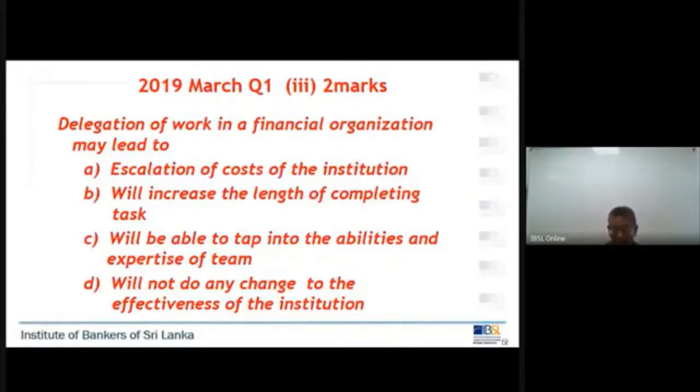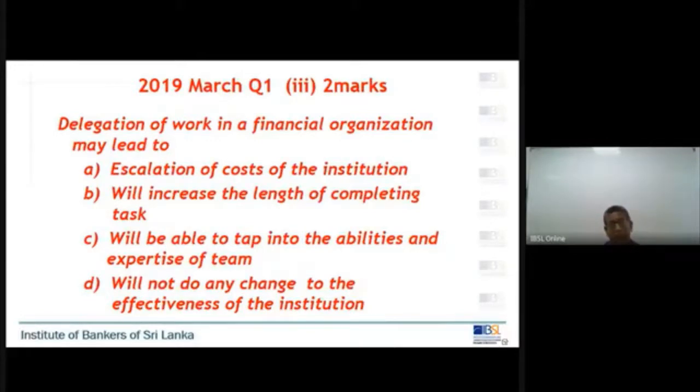So for the students who followed previously, the institute is going to conduct the exam somewhere at the end of this month. We can discuss the 2021 question paper too, but first the 2019 March question.